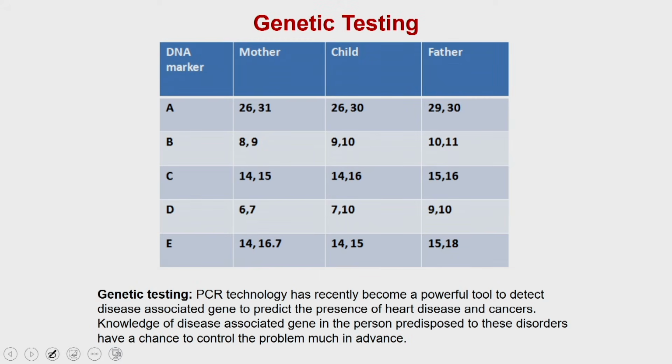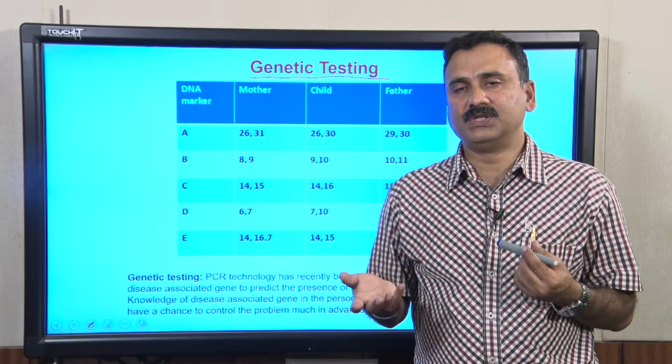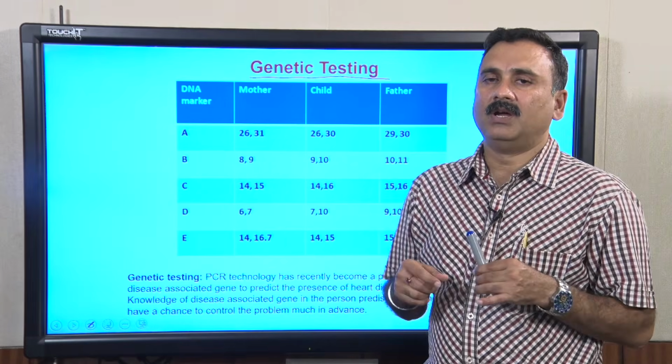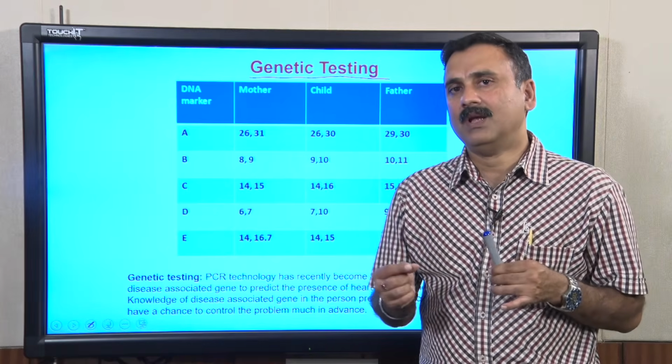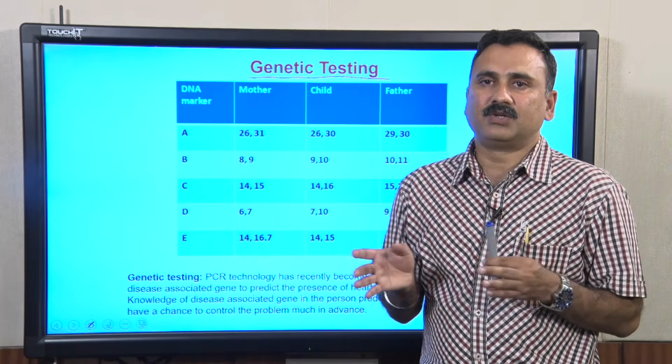Now, in many cases parental DNA testing is also one of the major areas where PCR is contributing to biomedical applications. With the help of PCR, you can assess whether a child belongs to the given parents or not.